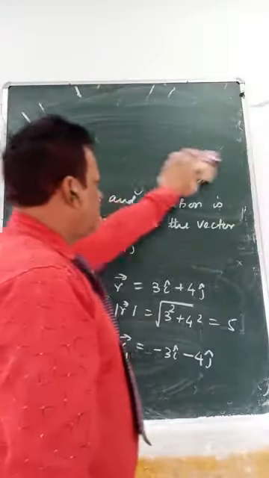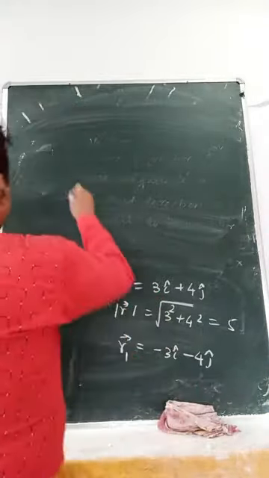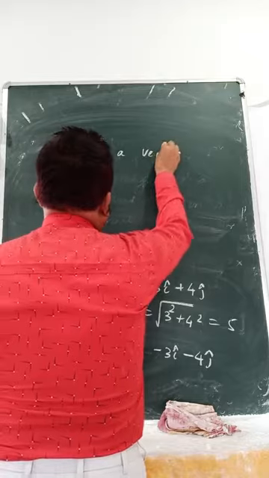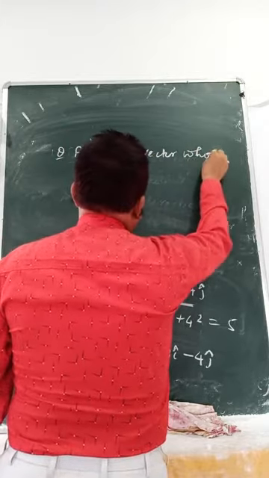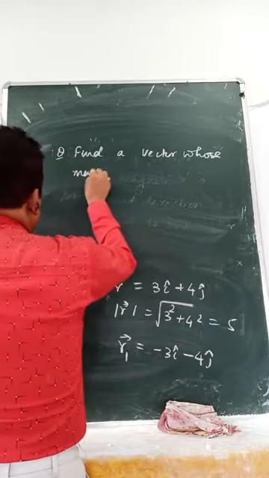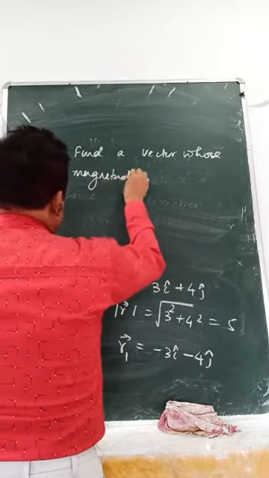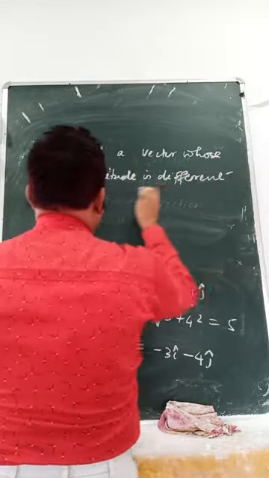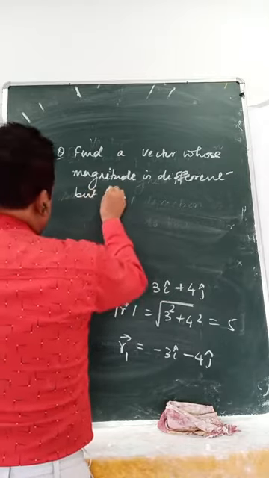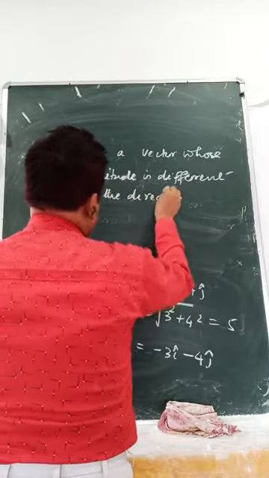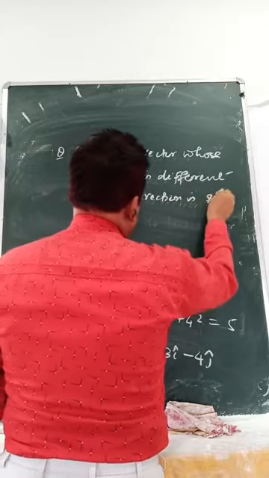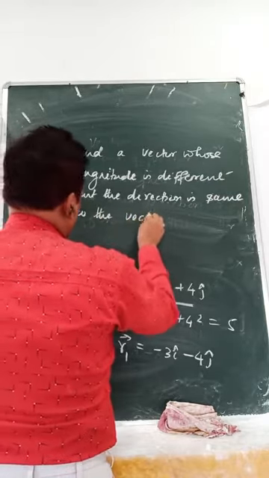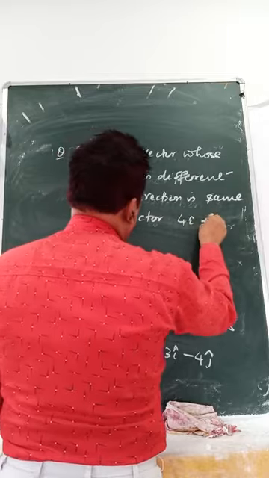Okay, now you can take another vector question here. Find a vector whose magnitude is different but the direction is same to the vector 4i plus 3j.